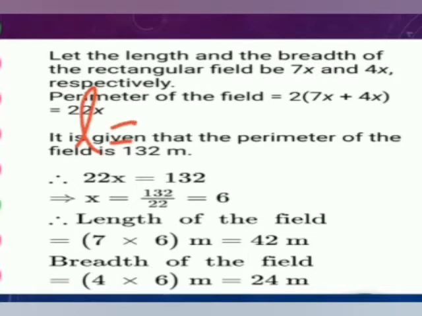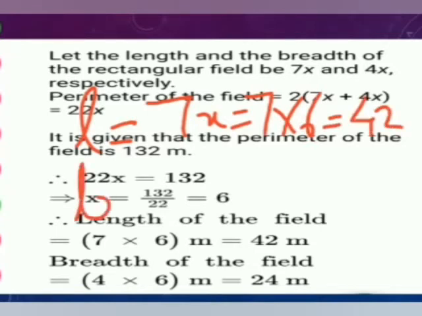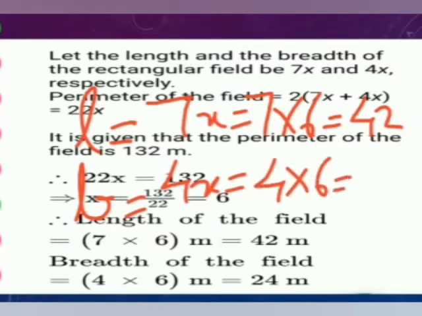Length is how much? 7x. So 7 multiplied by 6 gives you 42. And the breadth is 4x. So 4 multiplied by 6 gives you 24 meters as the width or the breadth. So this way we have calculated the dimensions of the rectangular field.